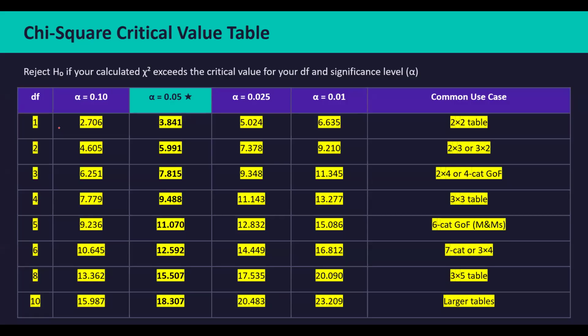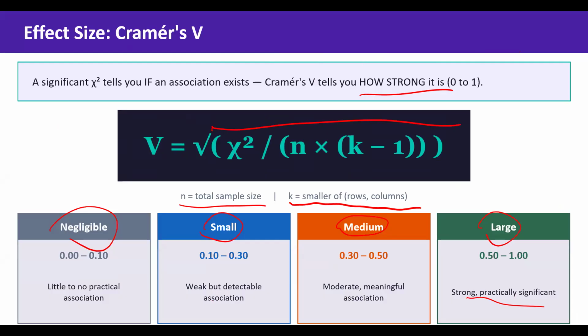K minus 1, 2 minus 1 gives us 1. So it'll be 6.87 over 150 times 1, and that turned out to be 0.214. And this falls in this range, so it's a small to medium effect.